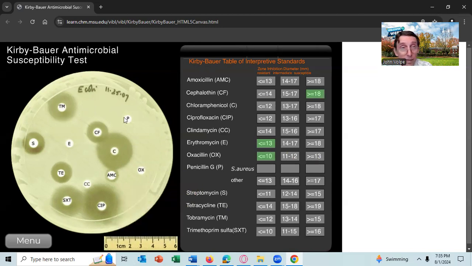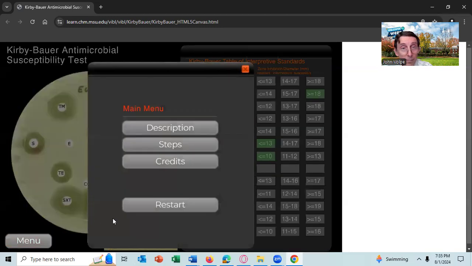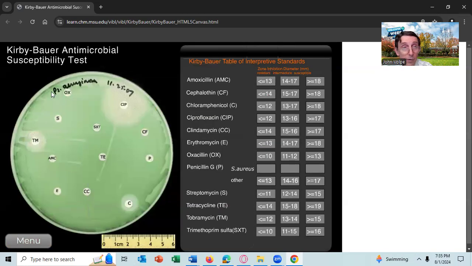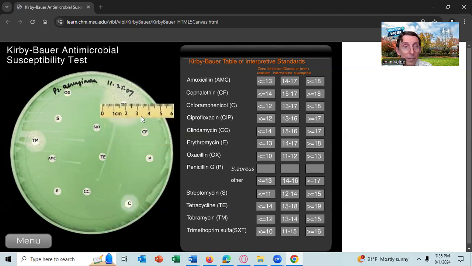To get the different plates, you just click the menu button. So E. coli is the first plate. Click the menu, restart, and it'll go to Pseudomonas aeruginosa. And there's the zone of inhibition there. Just bring the ruler up there.